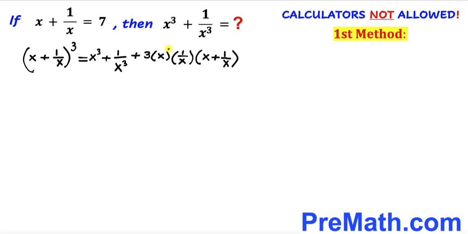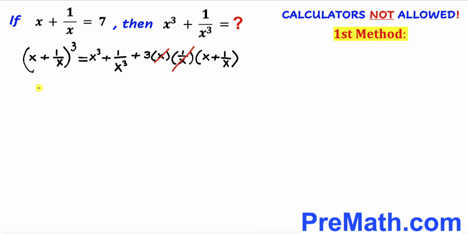And now we can see x and 1 divided by x, they cancel each other out. And we know our x plus 1 divided by x value is 7. So therefore, I'm going to replace this part with the 7 over here. And likewise, this part x plus 1 divided by x, I'm going to replace with the 7 as well.